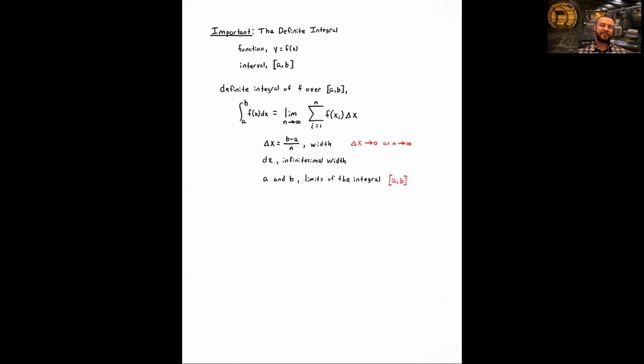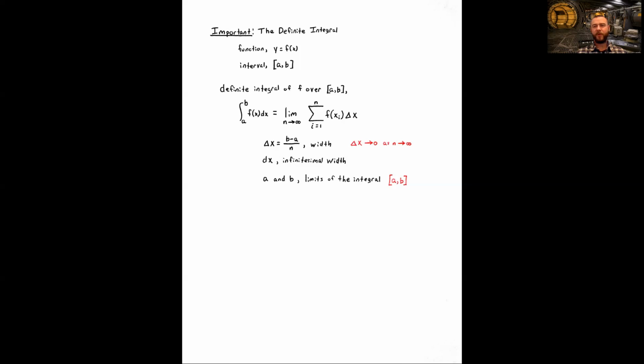We don't let delta x precisely equal 0, but we let it get really, really close. It's almost 0, but not quite. And this is a new concept, what's called the infinitesimal width. It is a mathematical concept, kind of like infinity. Infinity is a kind of useful concept for things that keep increasing. Here, what we're calling infinitesimal is the opposite. It's infinitely small. Don't assume dx equals 0.